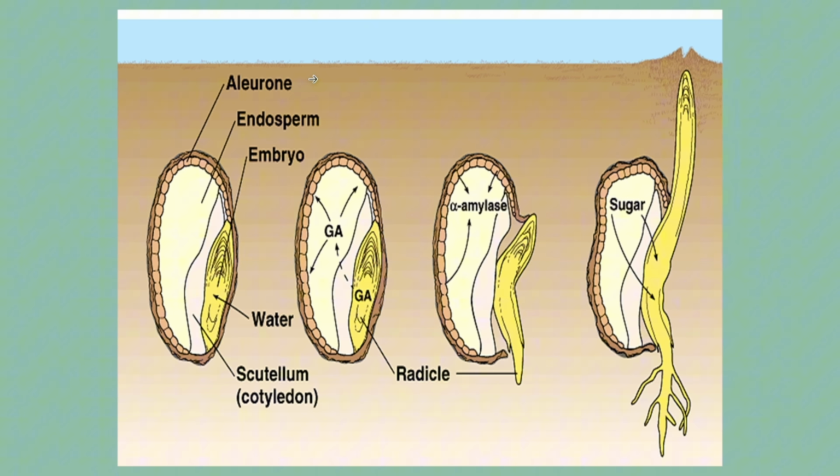First of all, when you want to germinate the seed, you need water first. Water is very important. This is initiated by what we call water imbibition, a process in which your seed absorbs water. Water causes the seed to swell and break down the seed coat, the outer surface.